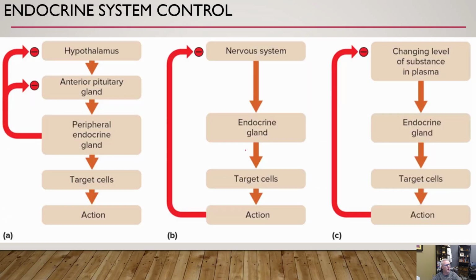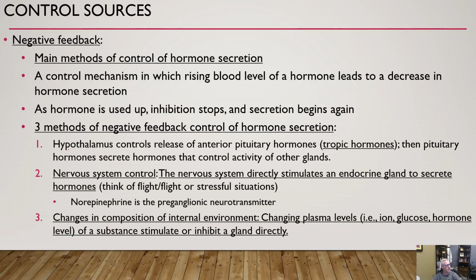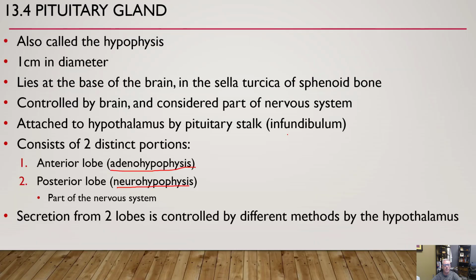So if we go back up to this slide, this is step one. This is what we're talking about for the anterior pituitary. Remember, those are called tropic hormones. Tropic hormones are hormones that stimulate other endocrine glands to secrete hormones.